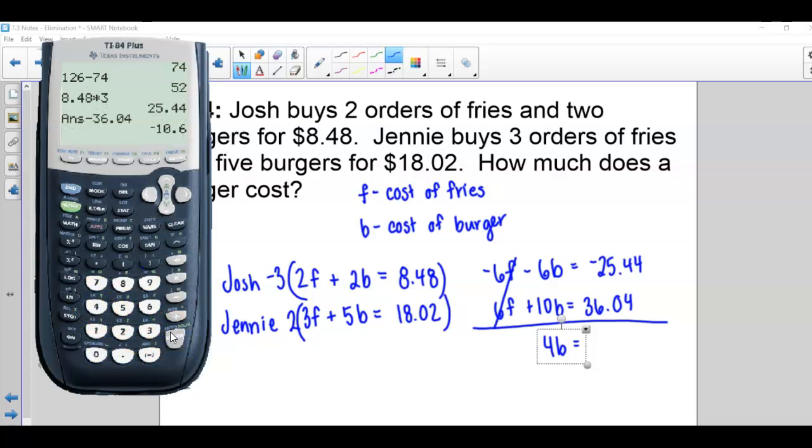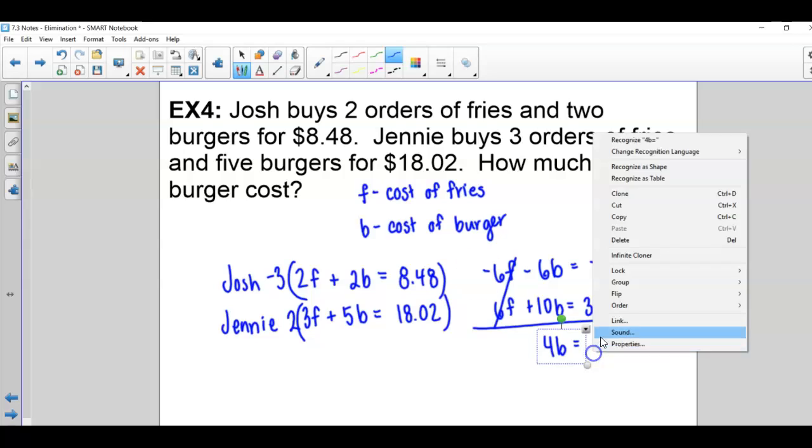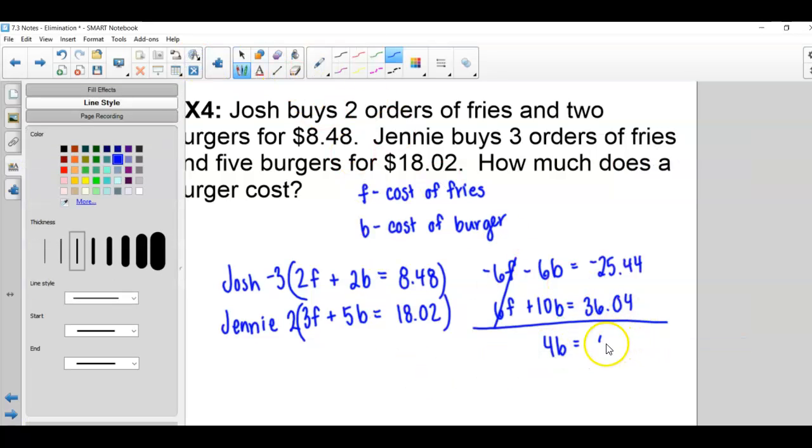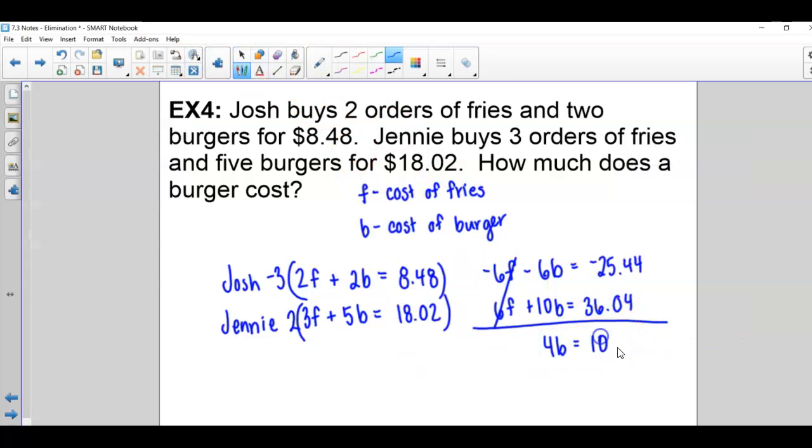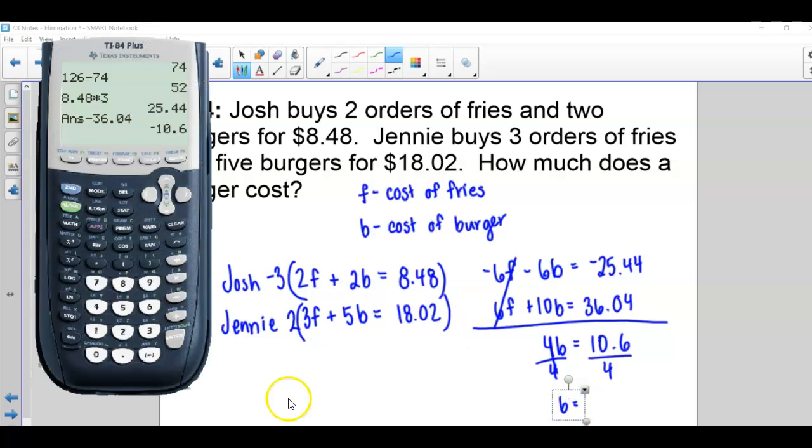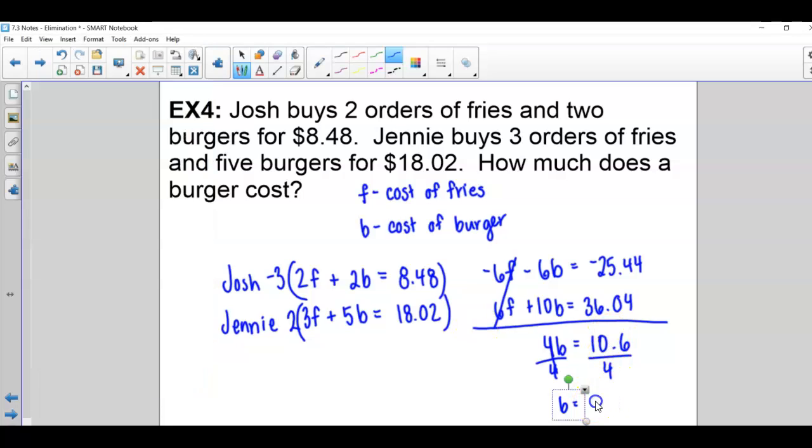We should get 10.6. We're going to divide by 4. Whenever we do that, 2.65. So $2.65 for the burger.